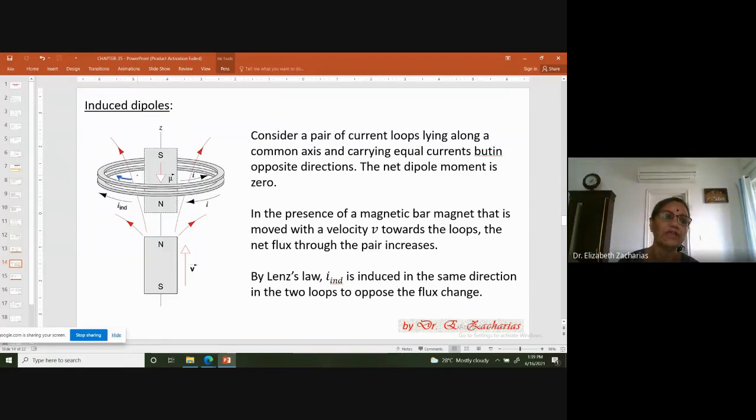Or in other words, because of the induced magnetic field, the loops now behave like a bar magnet with the north down. And look at this, a north and a north close to each other means there is a repulsion. So this is how you can explain diamagnetism.